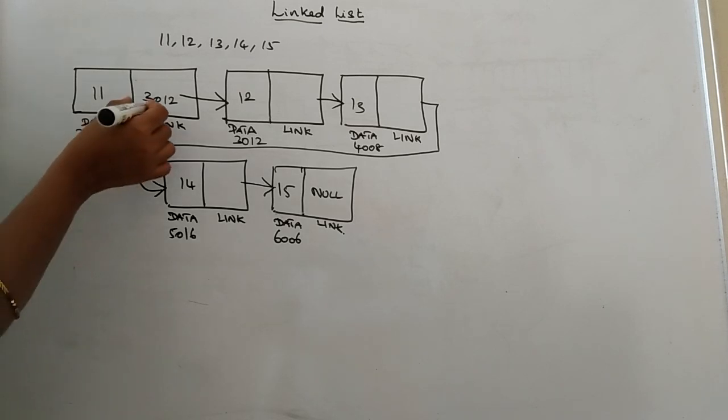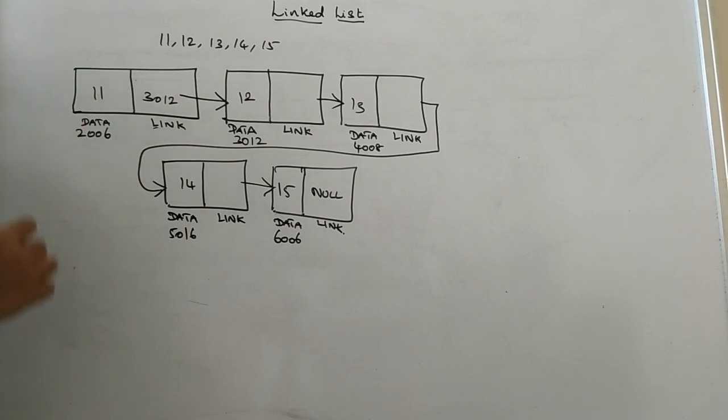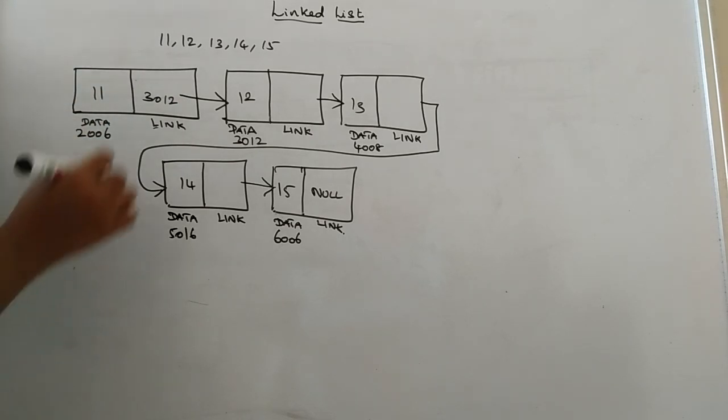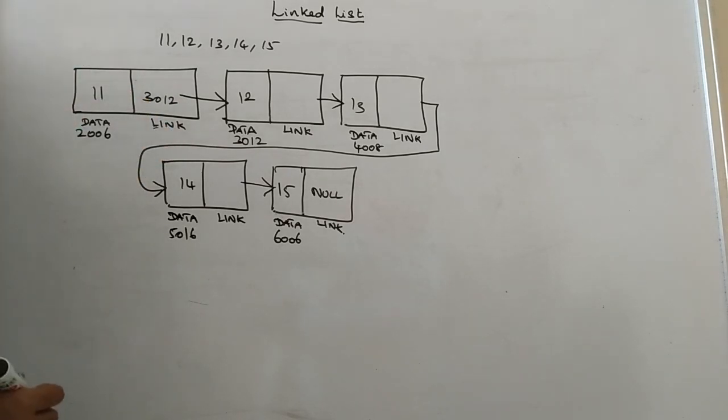And one more thing to consider here: if we are going to store the address of another node, then you can call this a pointer, because a pointer is a concept in which we store the address of another variable, right?